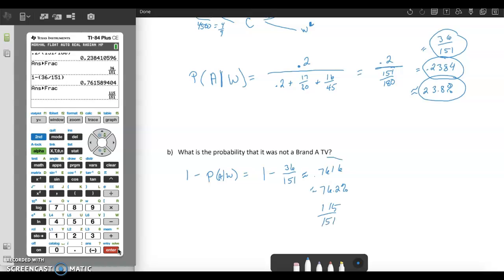So again, any of these would be acceptable. You just have to pay very close attention to how they ask for the answer.